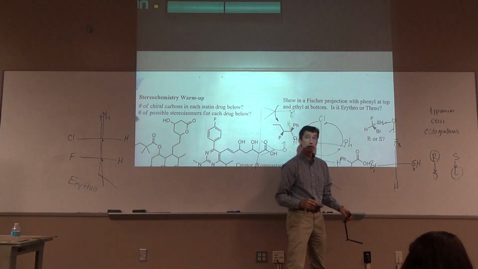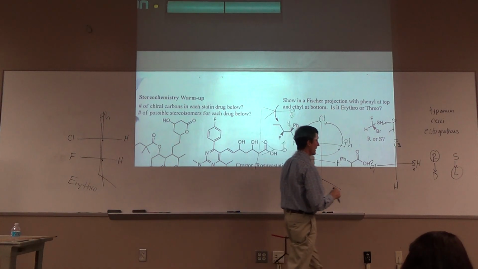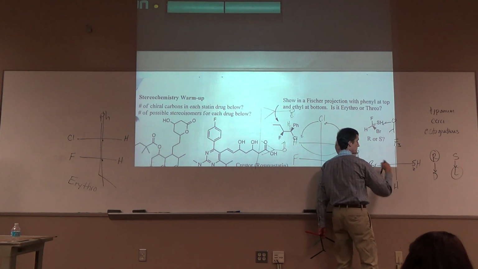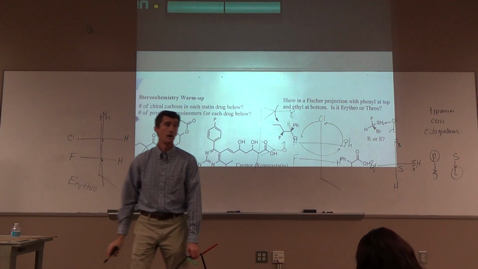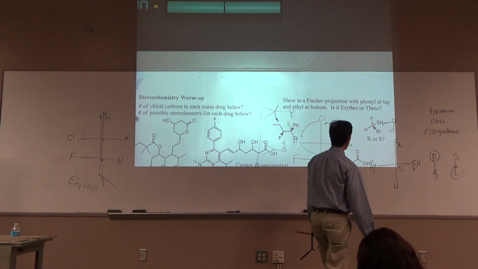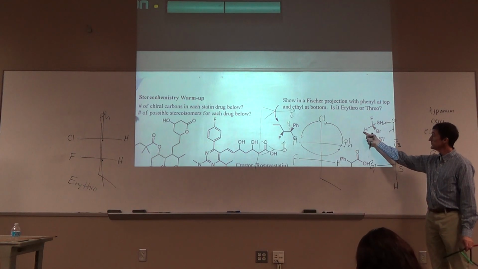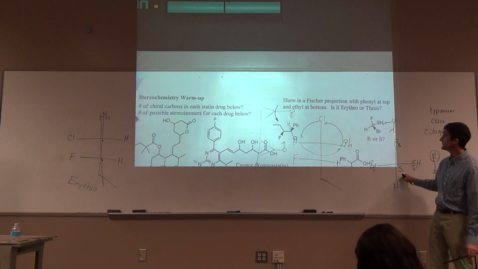How's the H now? H is back. Counterclockwise. So what is this? S. If H is in the plane, you have to look at it differently, and I would recommend drawing it differently, drawing it in a Fischer, then do it.